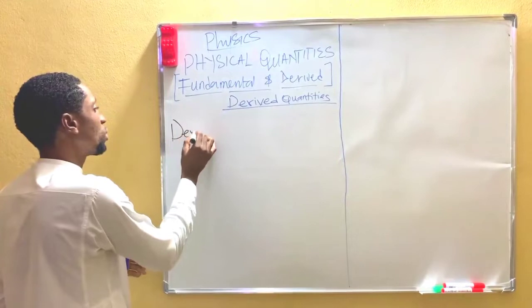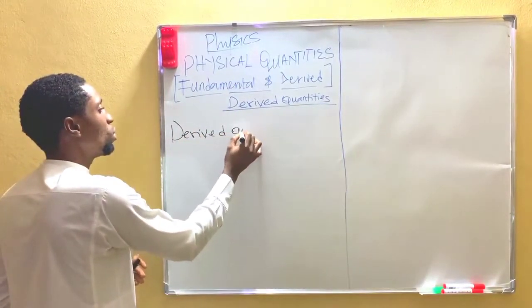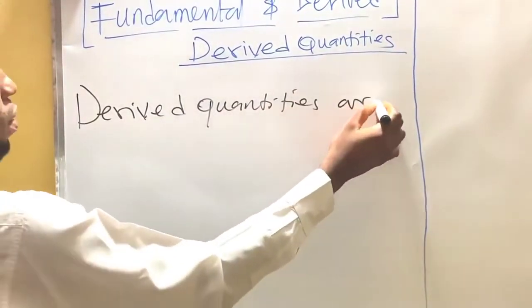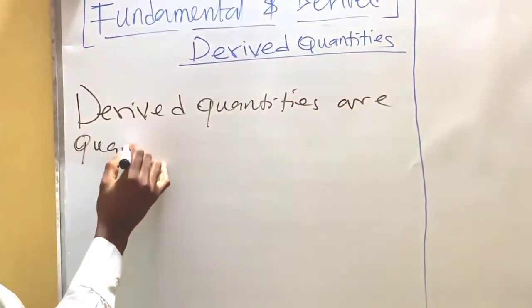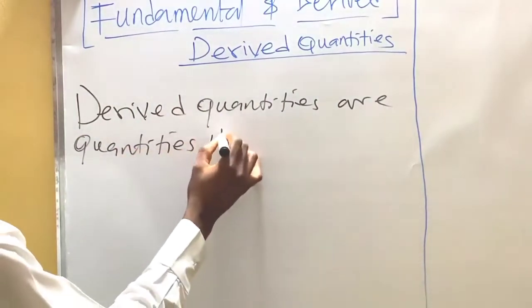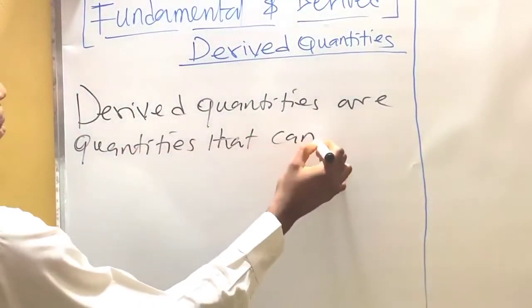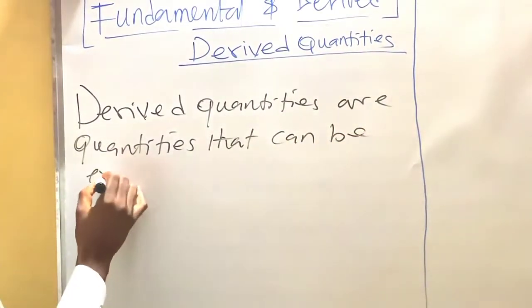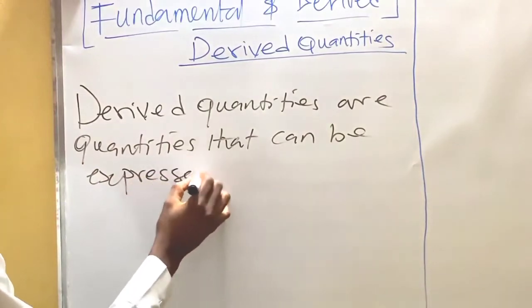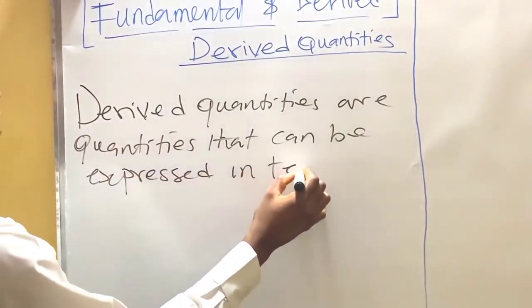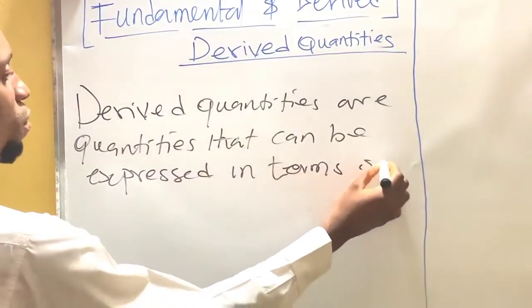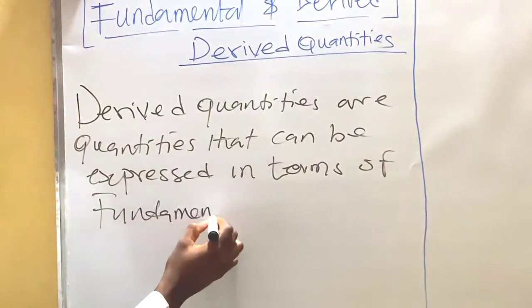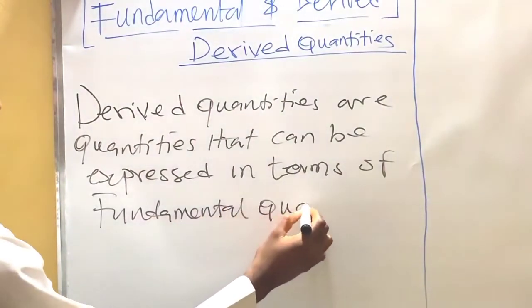Derived quantities are quantities that can be expressed in terms of fundamental quantities.